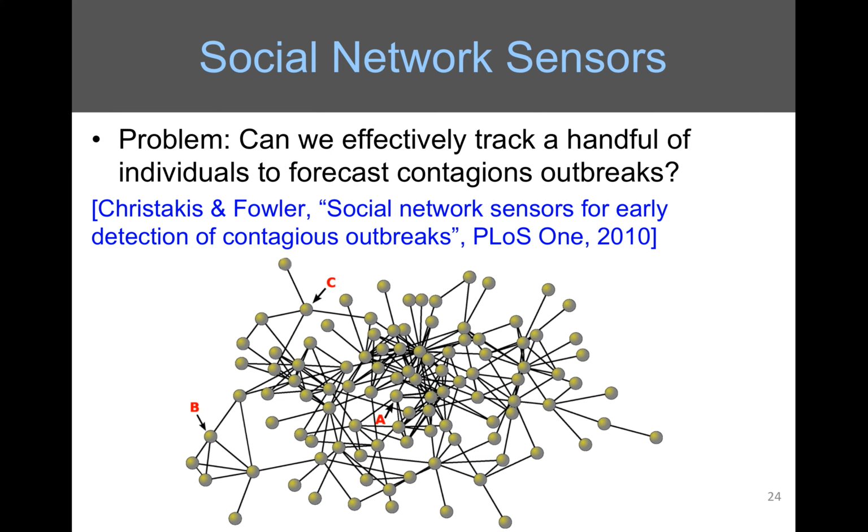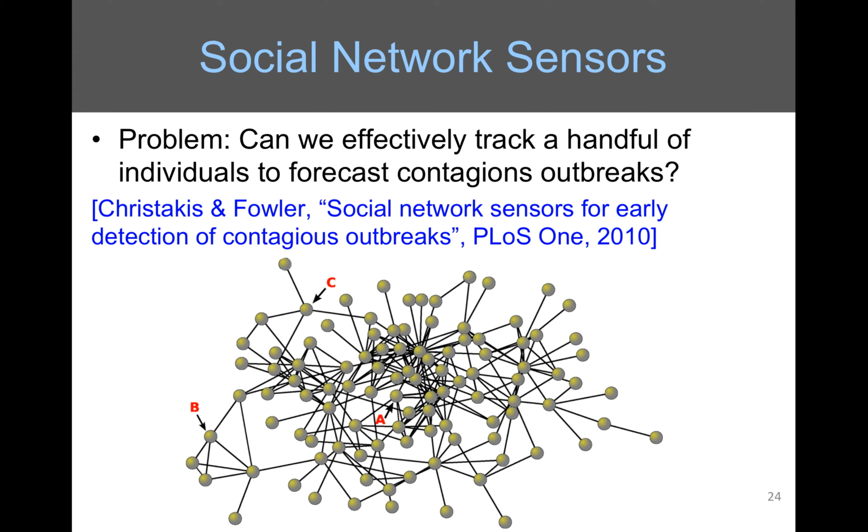There's this classical paper which came almost a decade back, which came up with this notion of social network sensors. And the idea in social network sensors is I'm going to follow these people.